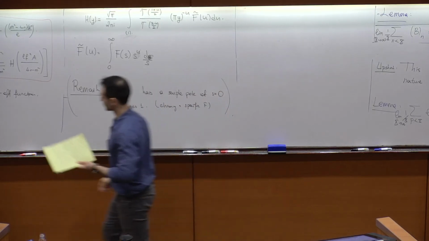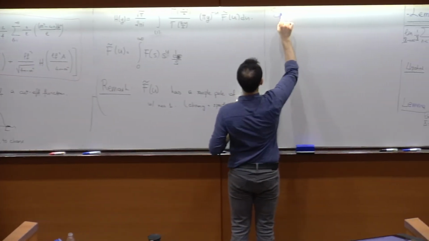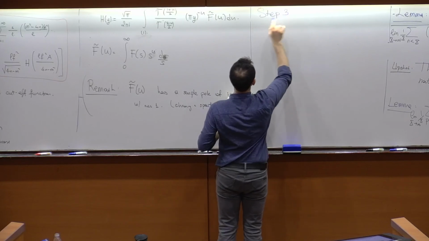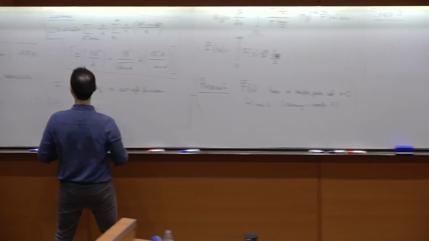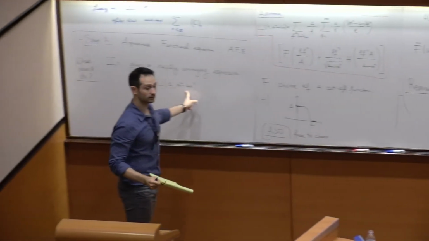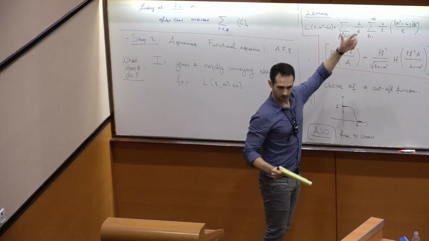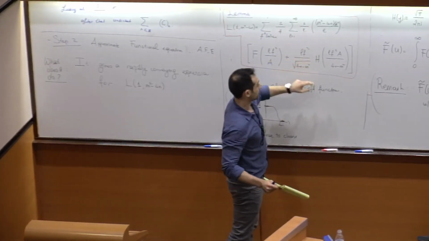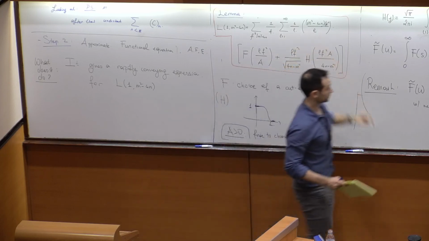So step 3 is: take this, replace the L1m squared that appears in Cn with this expression. I know it looks a lot more complicated, but believe it or not, it's equally complicated, so to speak.